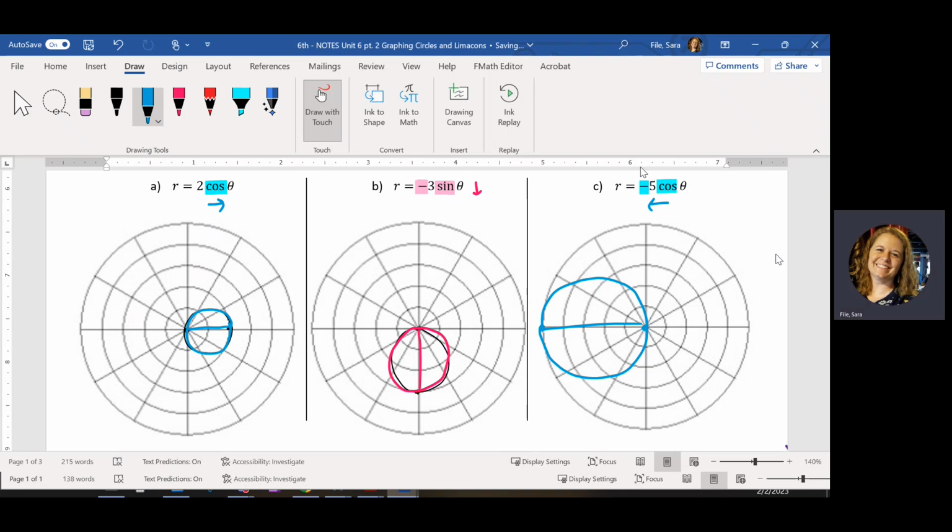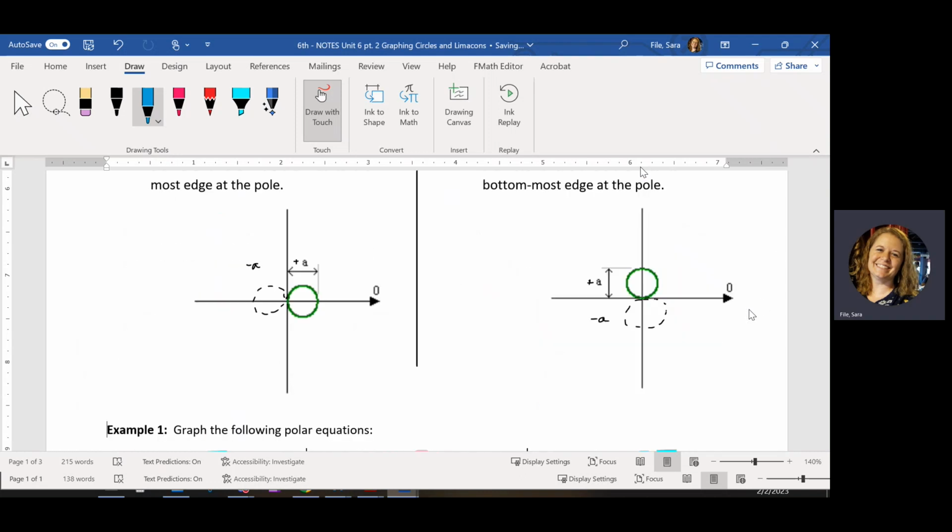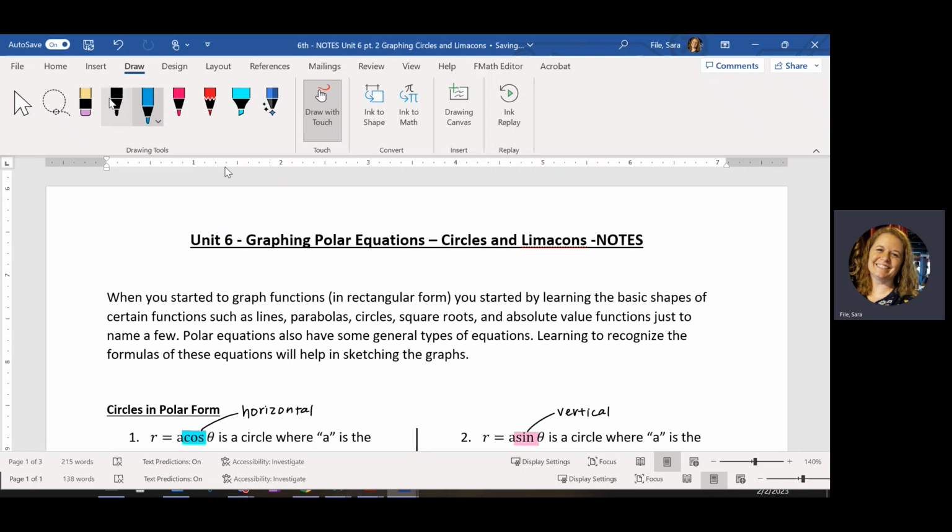I think circles are pretty straightforward. Do y'all feel okay about circles? If you want to, at the top of this, where we had a little space, you could put a little reminder or refresher that just r equals a number is also a circle.